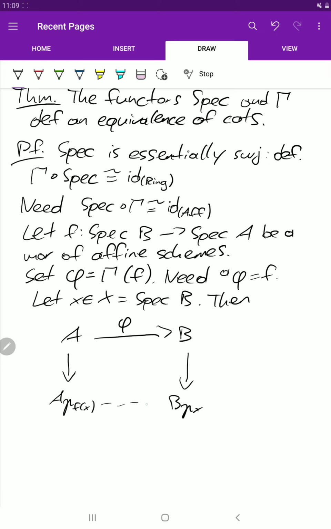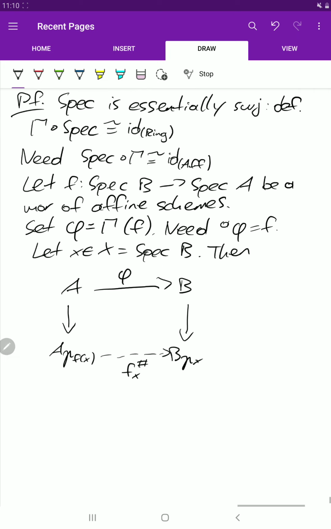Actually we can draw this map thick, because we know that we have this map on the local rings, but I don't draw it thick because, by the universal property of localization, this map is actually unique.